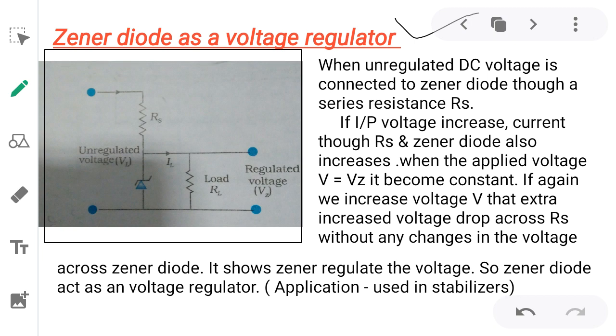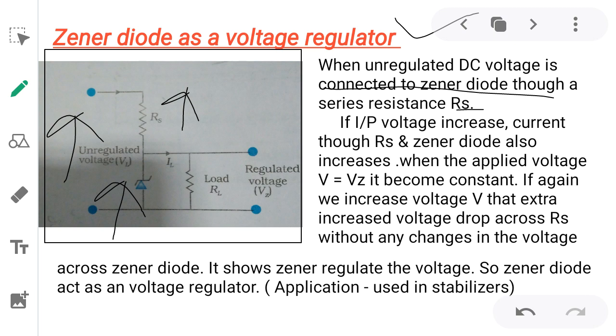How does it work? When unregulated DC voltage is connected to the Zener diode through series resistance RS, that is the working point. If the input unregulated voltage increases, the current through RS and the Zener diode also increases.